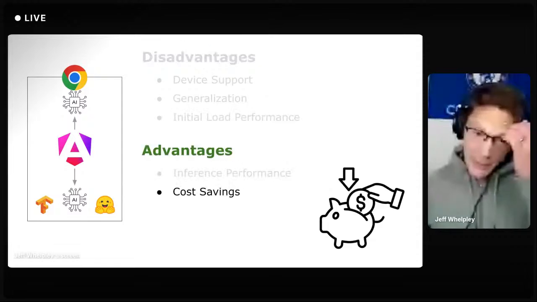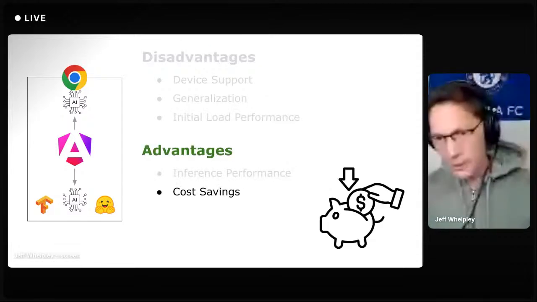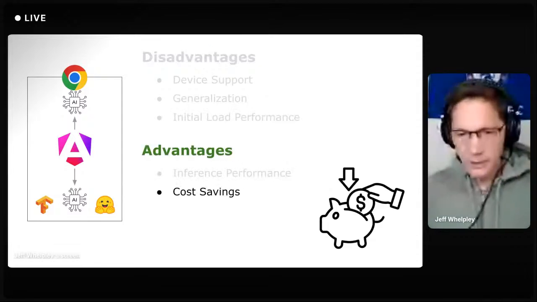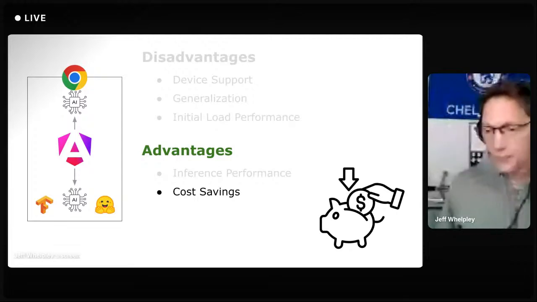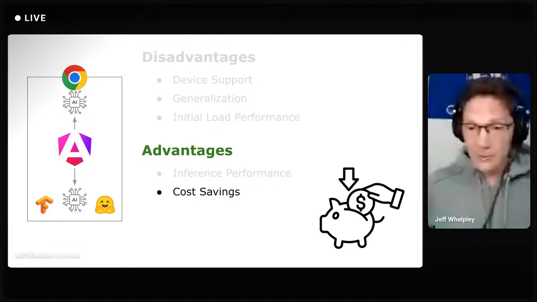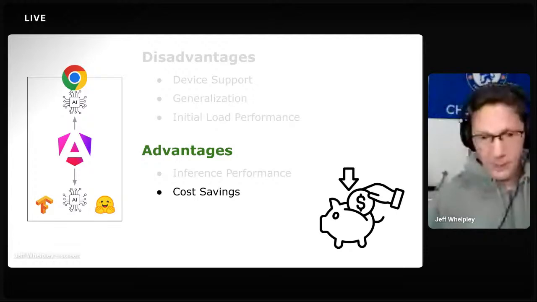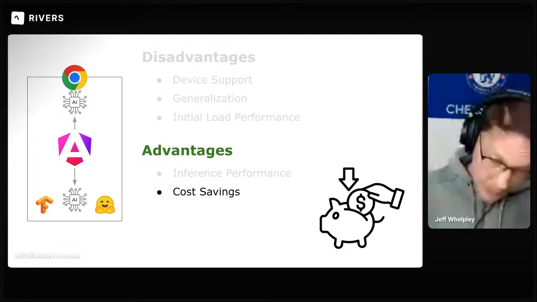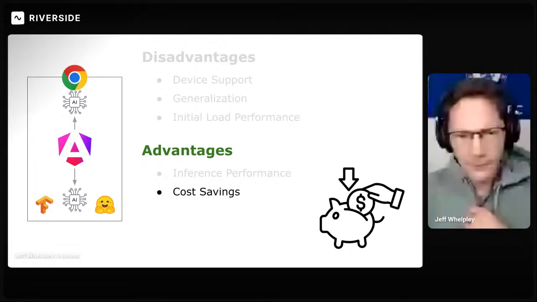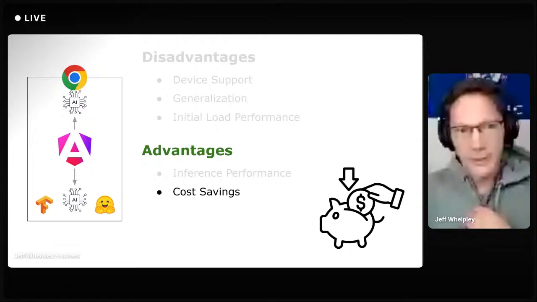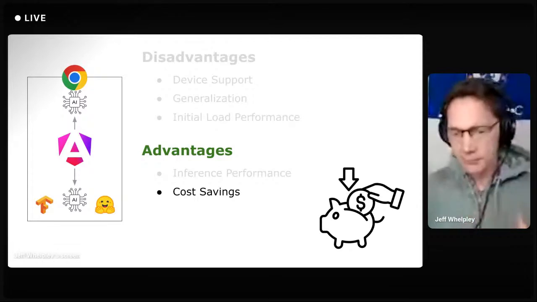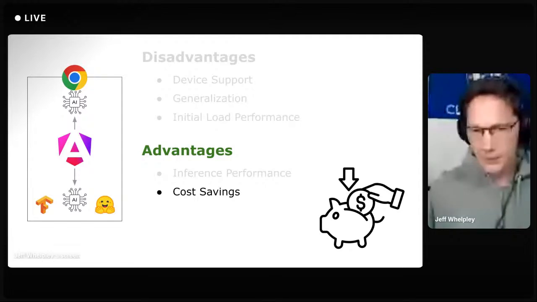If you're calling it thousands and thousands of times a day, it's definitely going to start to rack up the costs. If you can defer some of that to running it on the client side, it can save significant money. For transcriptions, one of the things I'm going to show in my code demo, it literally is going to save us thousands of dollars a month for stuff we're doing today in production. So it's significant.